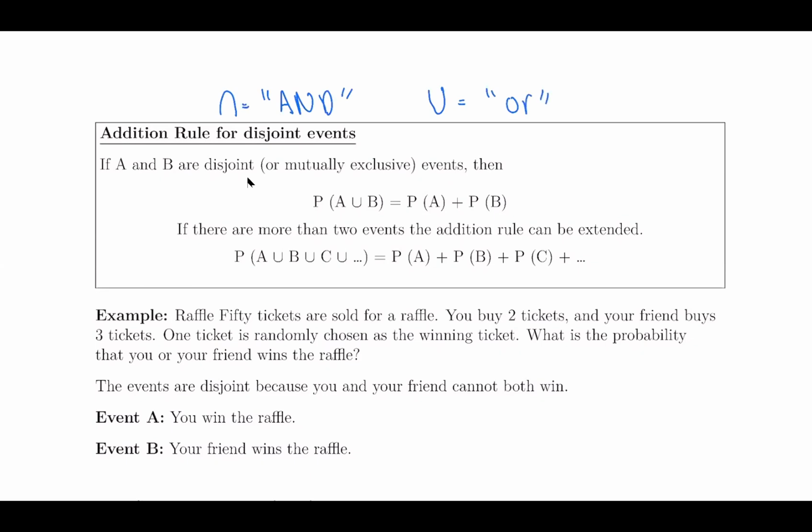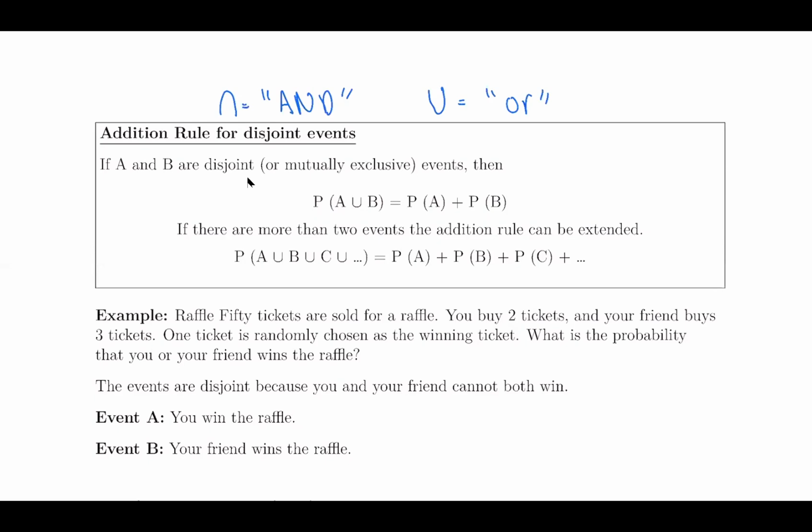So anytime you see a union or a U, that means OR. For the AND statement, both of those events have to concurrently happen at the same time or at the same object. When we're doing an OR statement, it's saying either one thing can happen or the other thing could happen, but both of them don't have to occur at the same time.